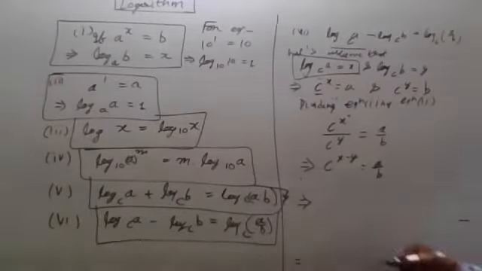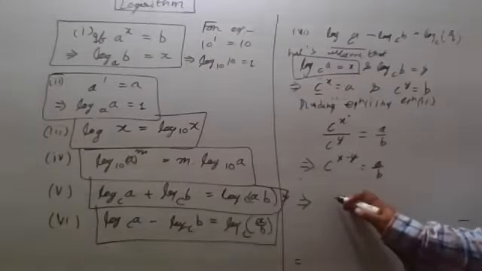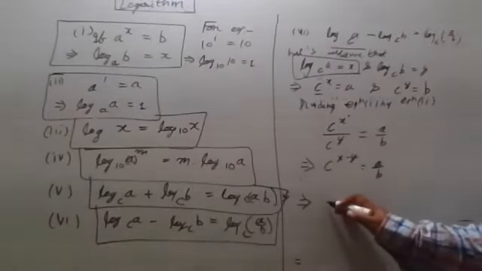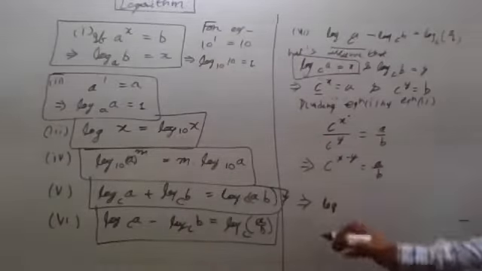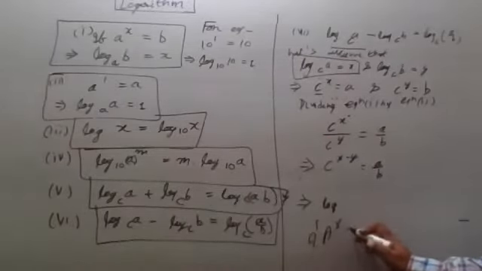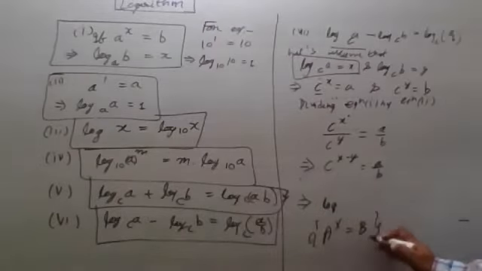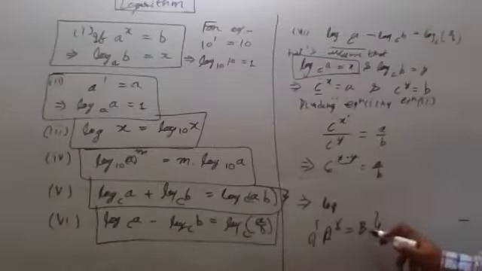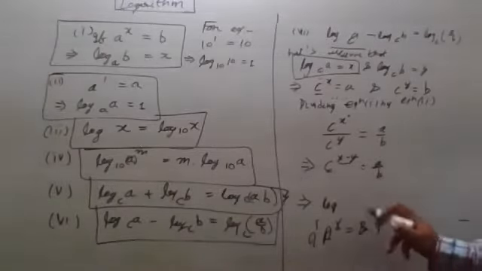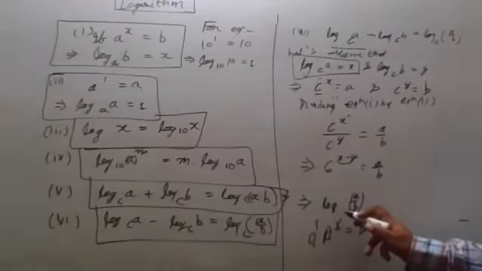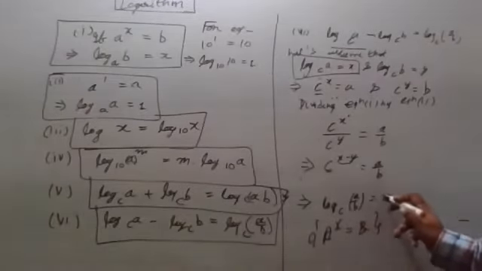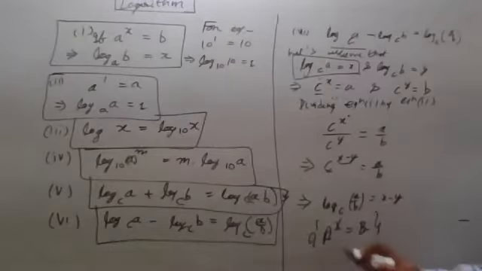Again, if you compare it with a to the power x equals b, so in place of a it is c, in place of x it is x minus y, in place of b it is a by b. So it is log a by b to the base c equals x minus y.